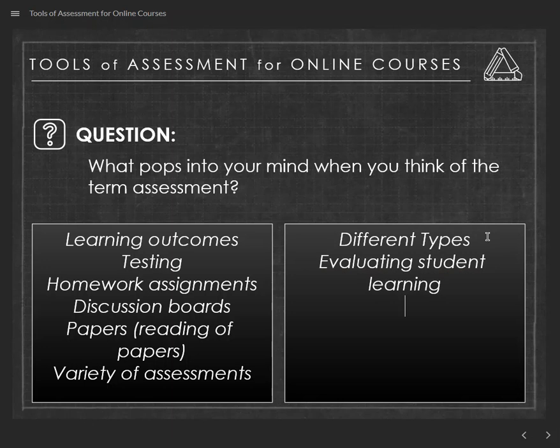Sometimes when I've talked to faculty about assessment, they'll come back and say lots of work, right? Or lots of grading, maybe. Anything else? I know in dental we use a lot of case studies. Ooh, okay. Case studies. Perfect.